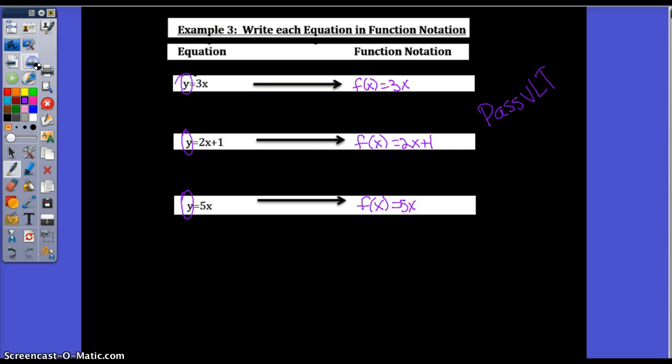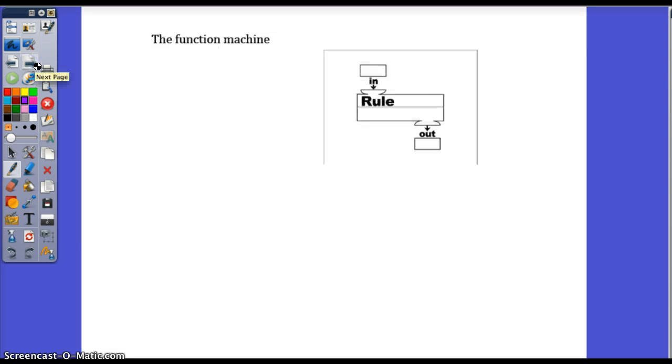I always think about it like a function machine. You put something in. So if I look at f of x equals 3x, I'm going to put something into my machine. I'm going to let x equal 5. So I'm going to put my x in here and here because x is 5. It's going into my rule.